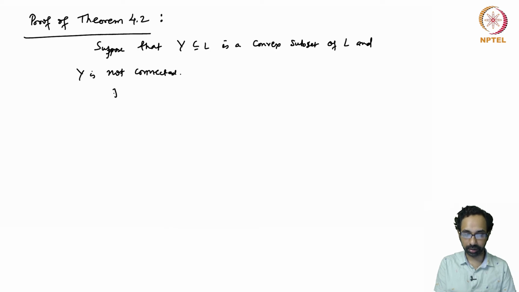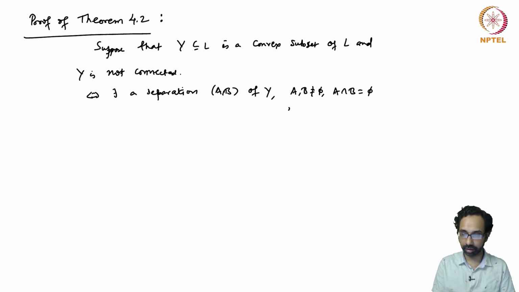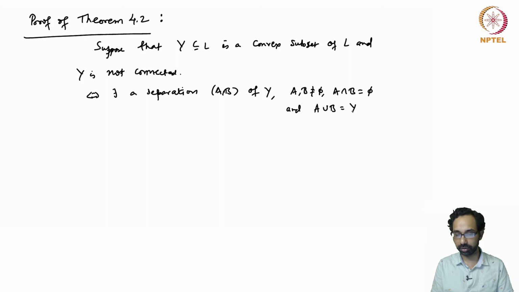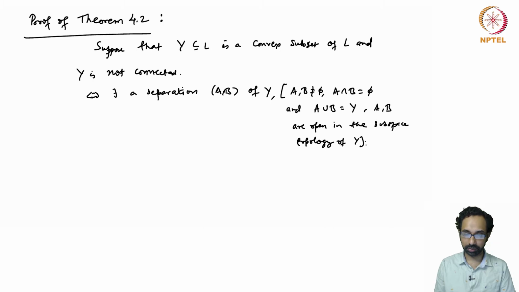So this means that there exists a separation A, B of Y. So A, B non-empty, disjoint, and A union B is the whole space Y, and A, B are open in the subspace topology of Y. So this is a separation for Y.